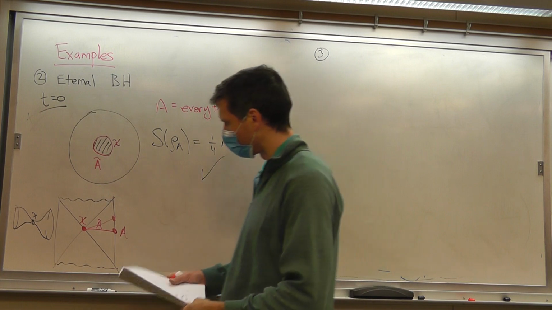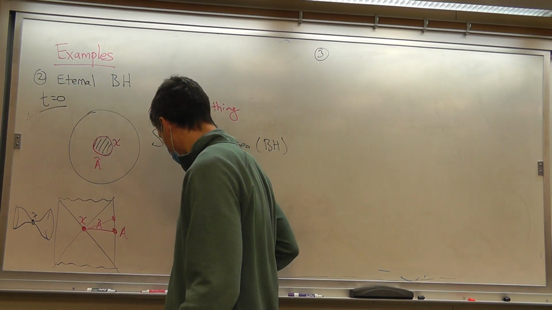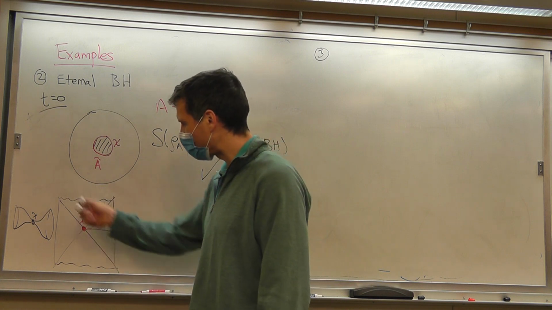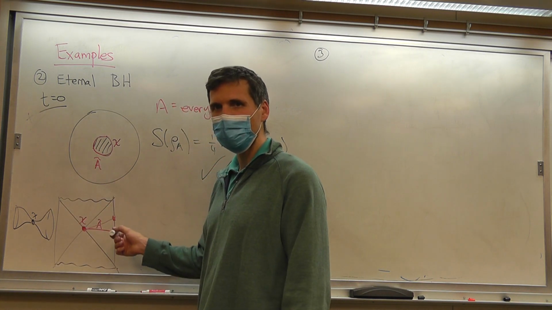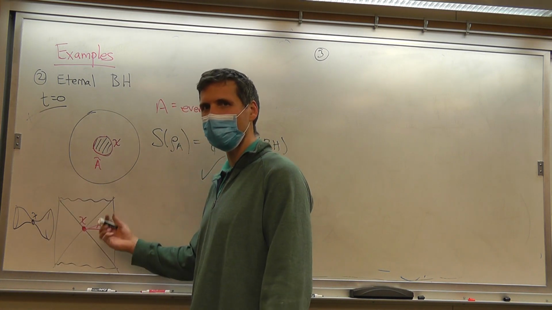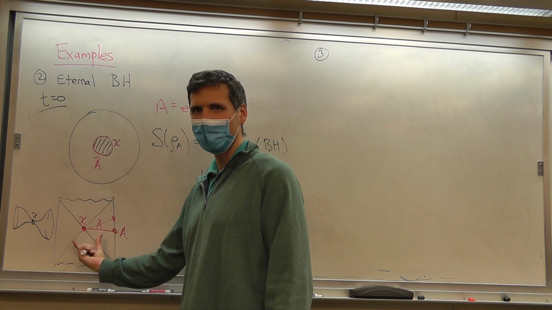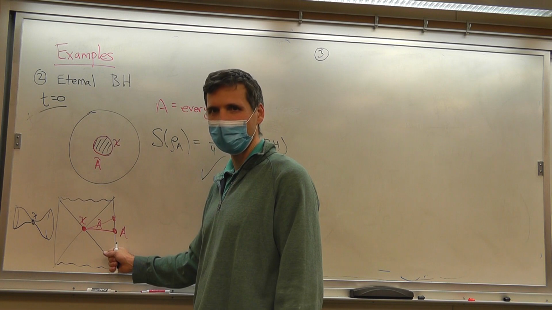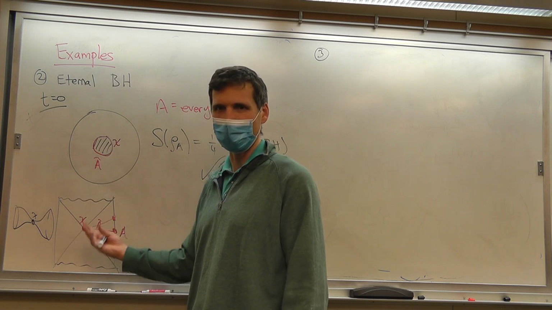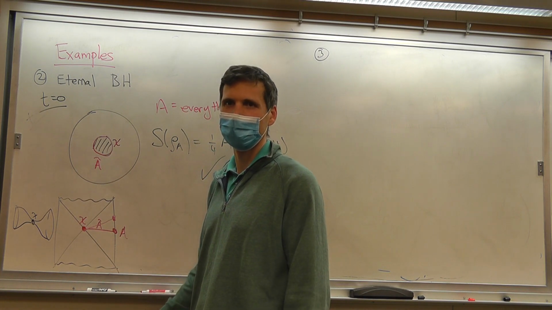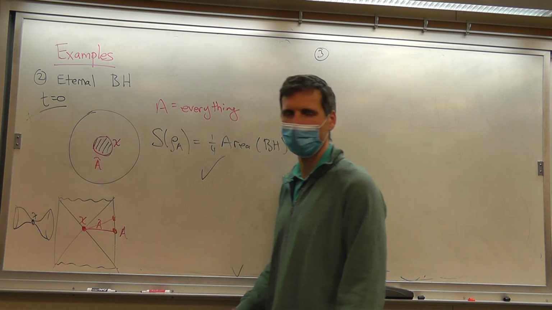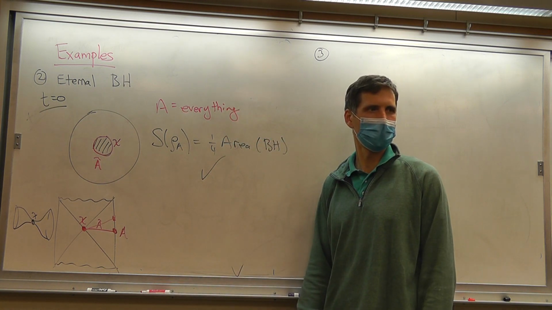I should have reminded you, so when you have an eternal black hole, there are two ADS boundaries. So this is dual to two copies of the CFT that are in a thermal field double state. And if we just look at one copy of the CFT, it's in a thermal state. So we expect to get a big entropy for that one copy. Anything else?